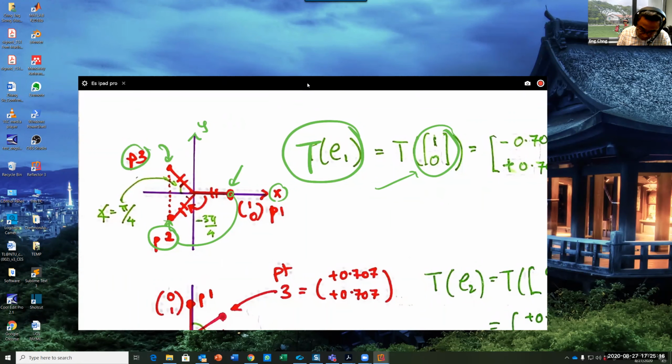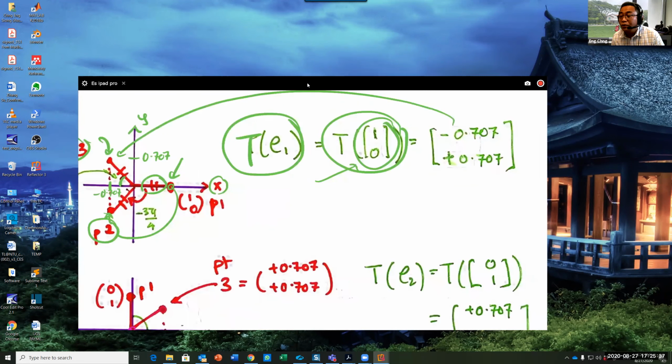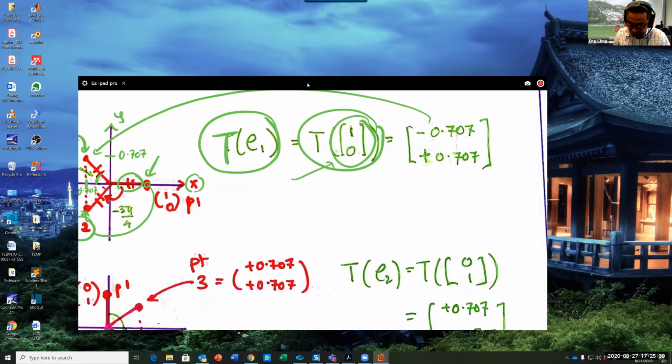So the transformation of 1, 0 is equal to, I read off, negative 0.707 and positive 0.707. Why? It's because the length was 1 and this angle is 45 degrees, so you can use the formula to calculate the two elements. Okay, so that is E1.